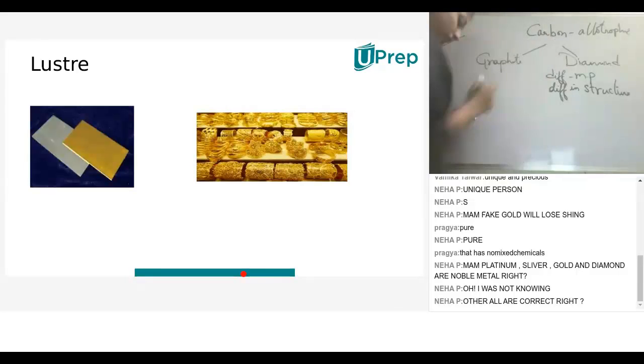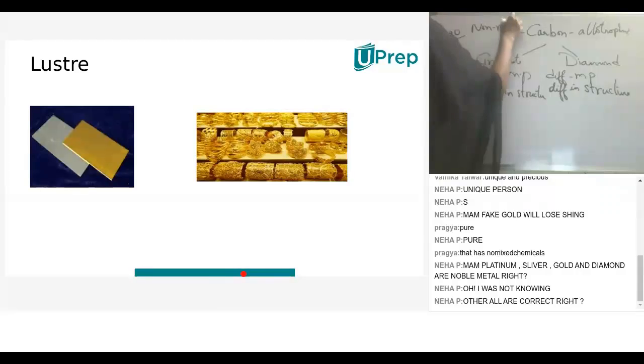We can give the entire properties of carbon to graphite and diamond. The only difference we can find is in the melting point and the structure. So I didn't understand what you have written after carbon.